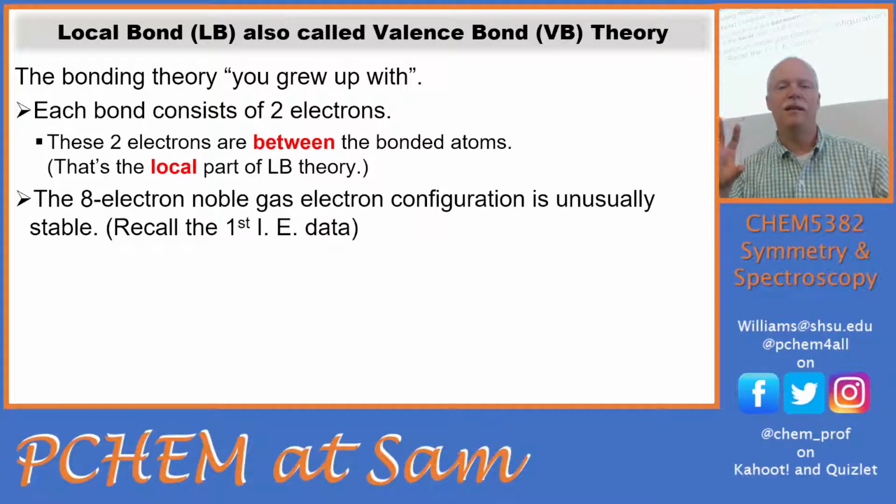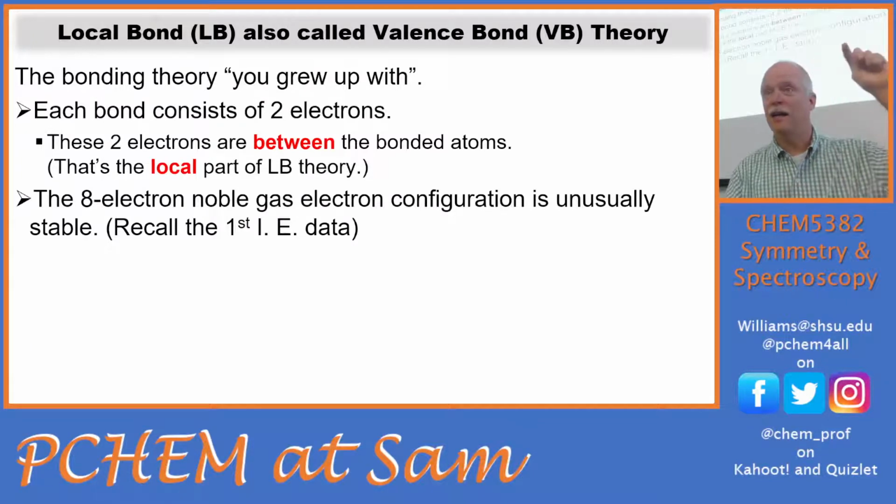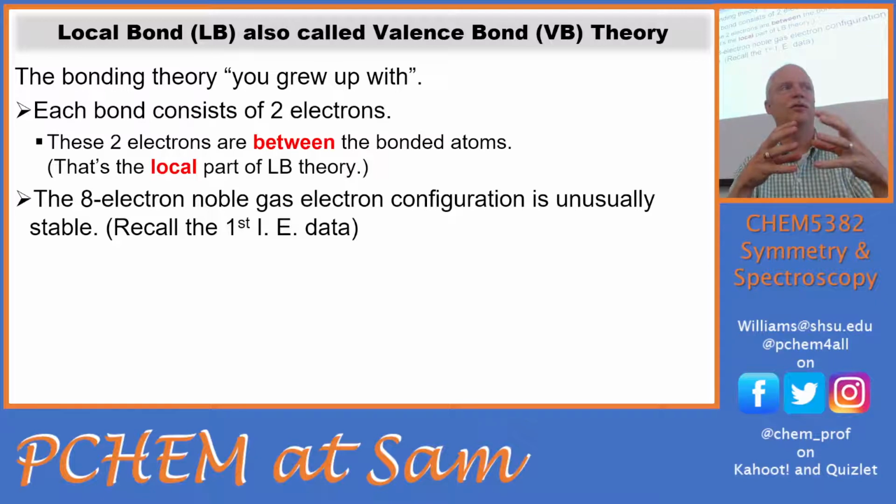These noble gas configurations, where we have that full p shell, are unusually stable. We see that from the first ionization energy data. For atoms, we can look at the ionization energy, and the noble gases have the highest ionization energies. It's harder to pull those electrons off. You see how unequal or incomplete shielding works as you add protons to a nucleus and add electrons: all of the electrons get pulled closer to that nucleus. Think about it.